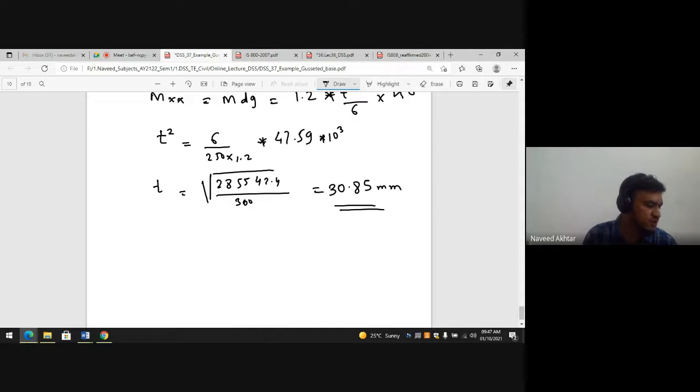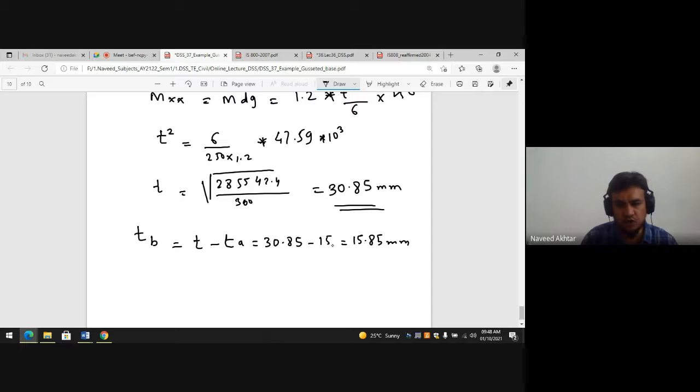So thickness of base plate is equal to total thickness minus thickness of angle, 30.85 minus 15, which is 15.85 mm. If you round up, you can provide a 16 mm thick base plate.